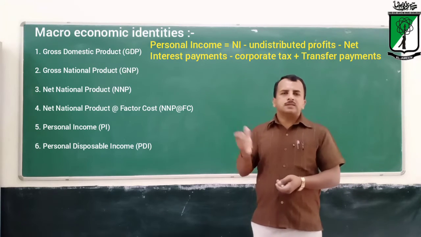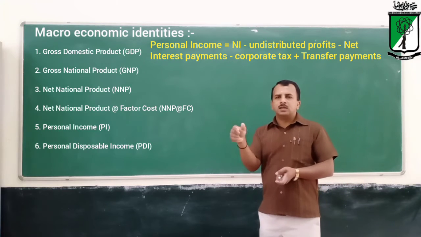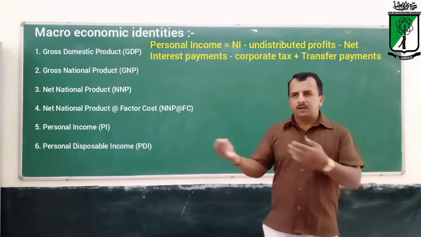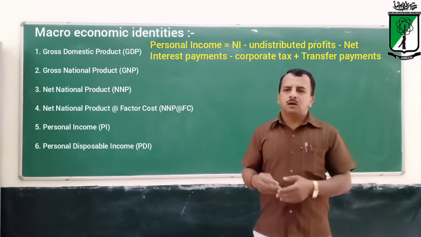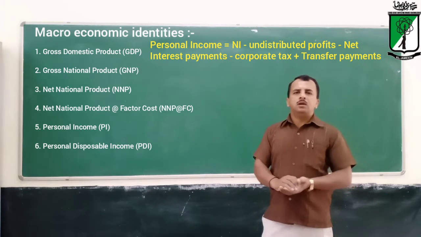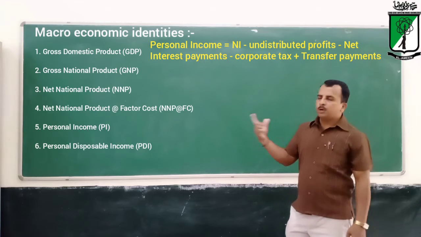Then you need to minus corporate tax also. Finally you need to add one more thing, that is transfer payments like subsidies, cash incentives, or any prizes or pensions if you have received them. That should be added to your income. Then you will derive personal income. So that is about personal income.